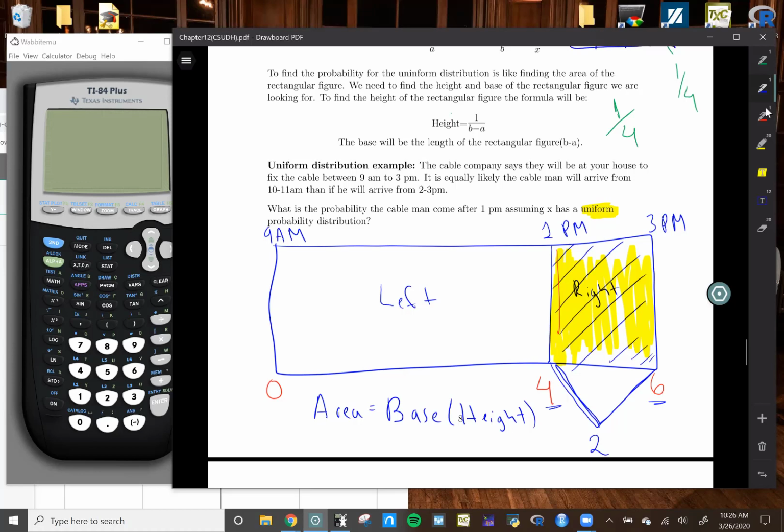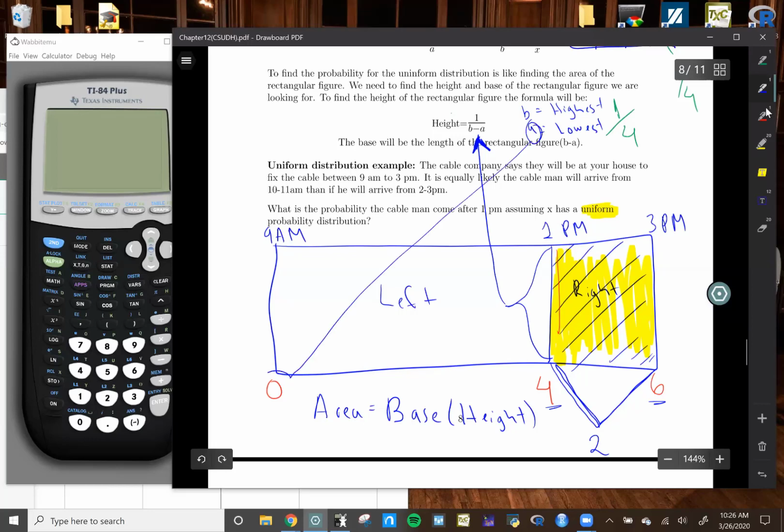Up next, we're going to get the height of the uniform distribution. To get the height, we're going to use this formula over here. B will be the highest number and A will be the lowest. A represents the lowest number, which is 0.